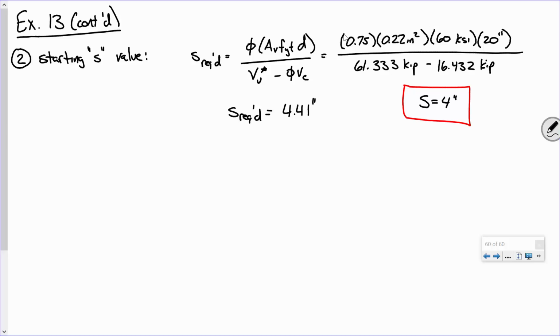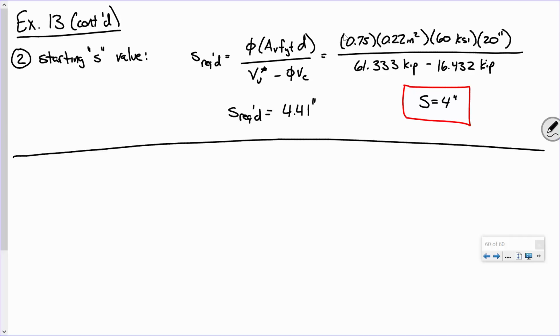Okay. Okay. So, I guess that's a little deceptive to say starting S value. We're going to put our first stirrup at 2 inches. Then we're going to use 4-inch spacing up until we can use our maximum S value. So let's look at our maximum S value. All right.